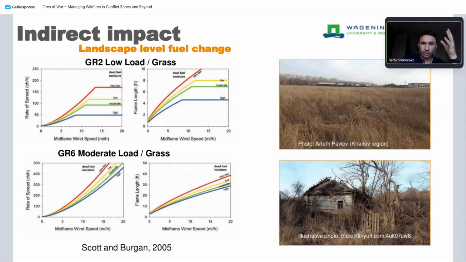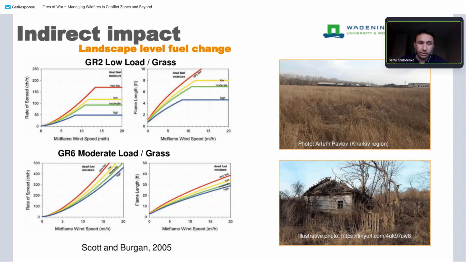Because in this territory in Ukraine, the eastern and southern parts, the most typical soil type is Chernozem, which is extremely fertile soil. So grasslands here grow very well, dense and very productive. And actually, these fuel models change from a low grass to a moderate or even a high grass.